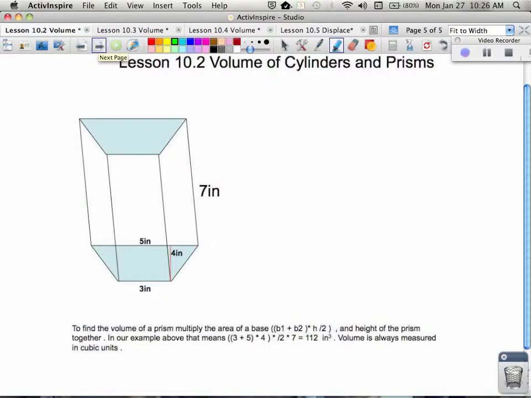In our last example, we're going to be talking about a prism that has trapezoids for bases. Again, our formula does not vary. We still have the volume equals the area of the base, which we represent with capital B, times the height of the prism. The difference is now, how do I find the area of one of these bases?